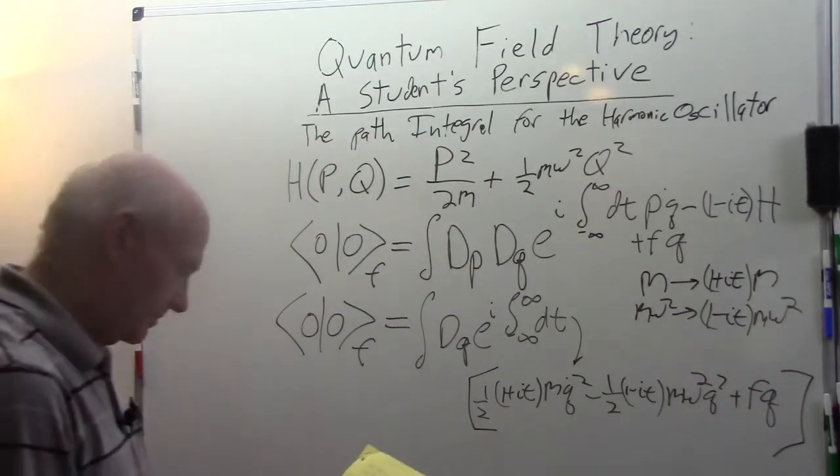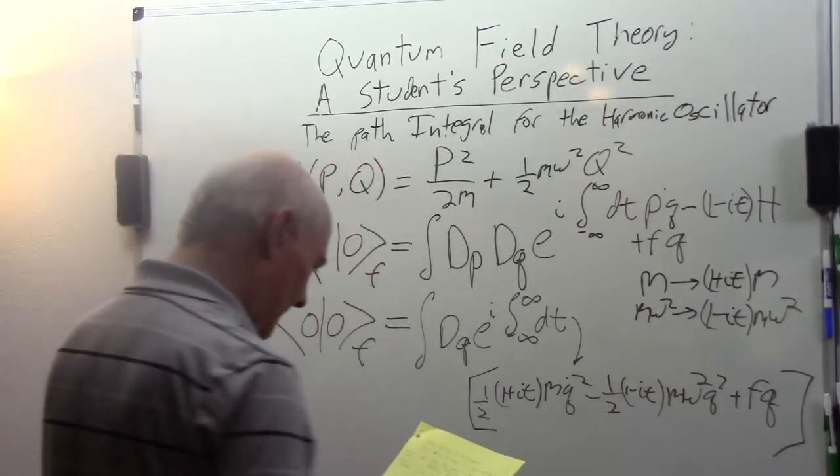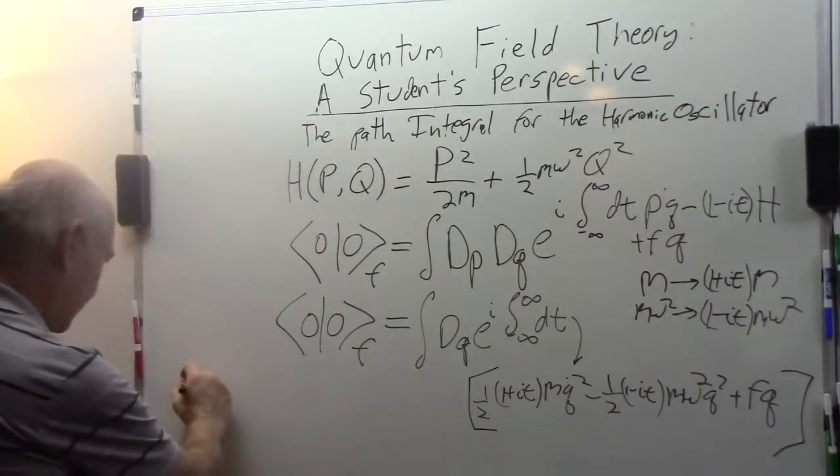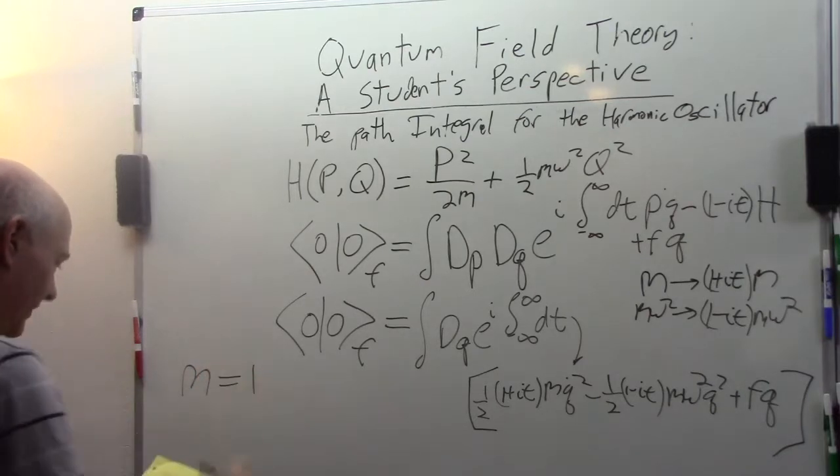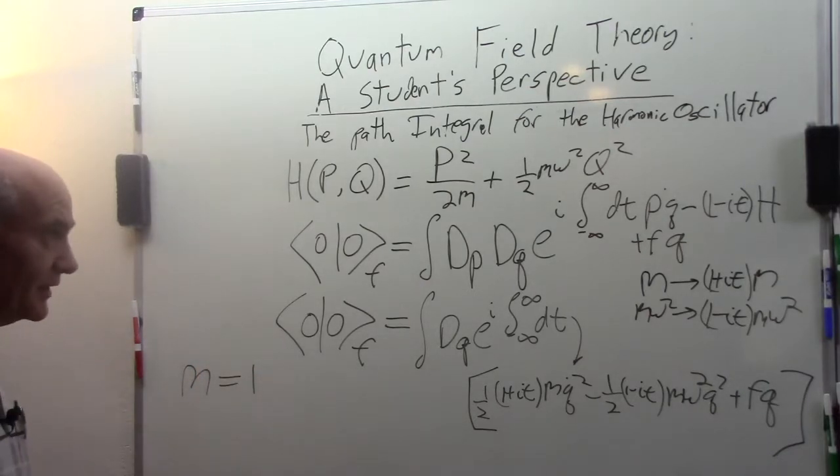And this is our forcing term. And for the rest of this lecture, we're going to make things a little easier. We're just going to set m equal to 1, so we don't have to worry about it.